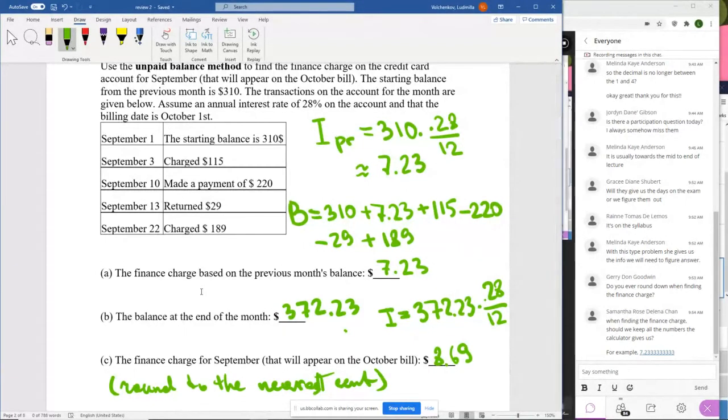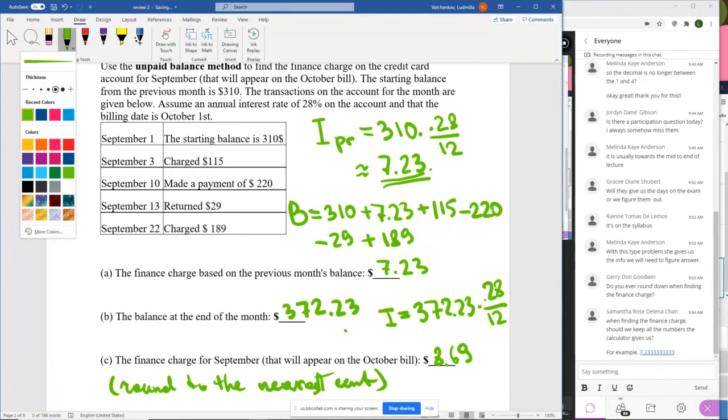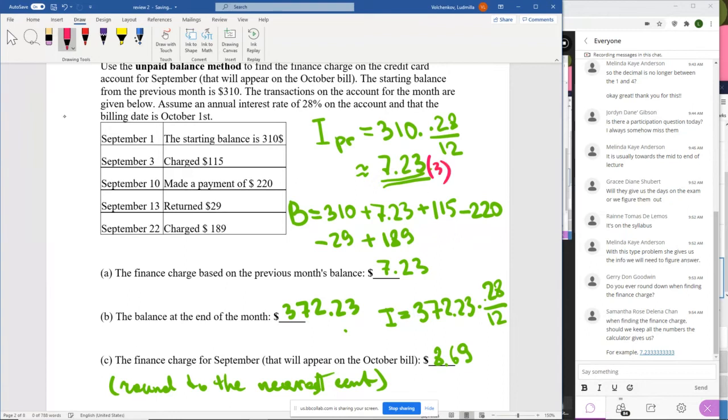So I kept one more digit previously, but I had not noticed that it could change the final answer. So you see, on this step, we should round to the nearest cent. If we have another 3 there, like this, then it will be added to the balance.